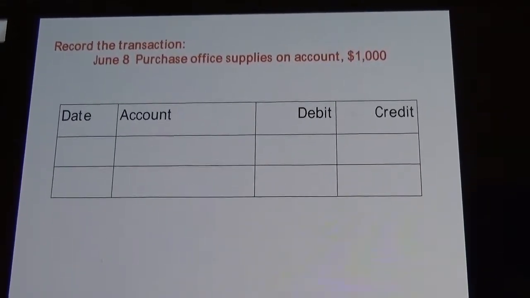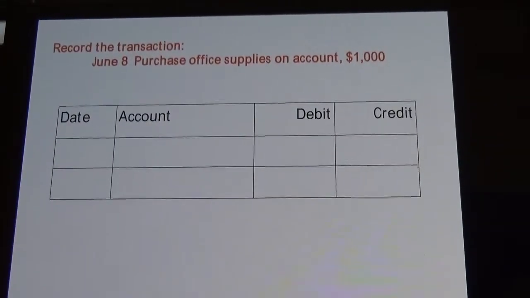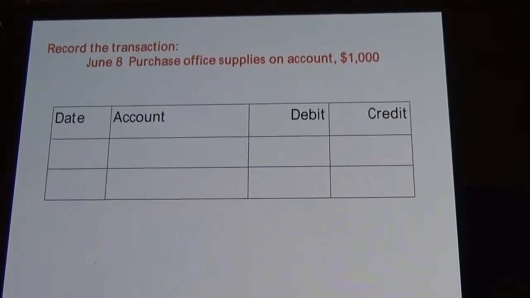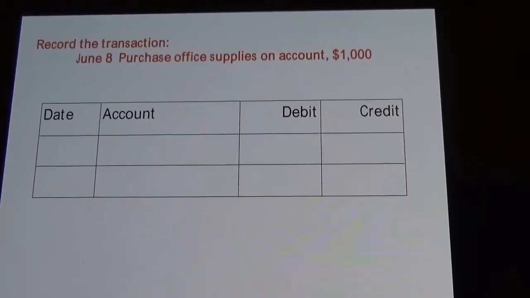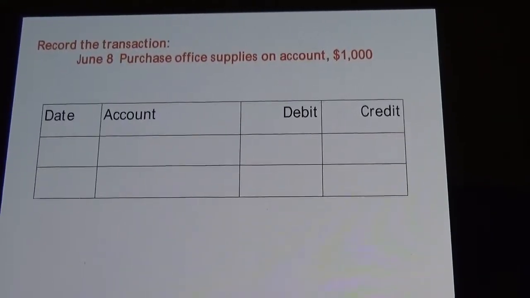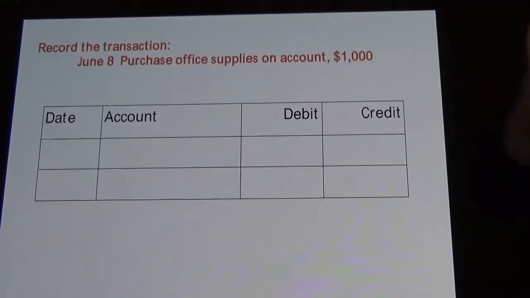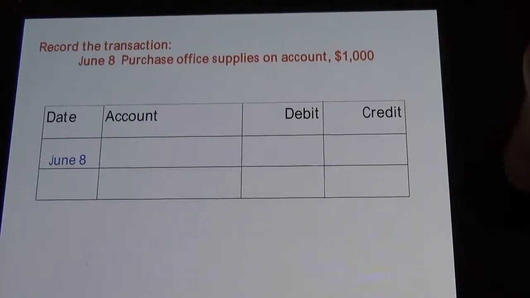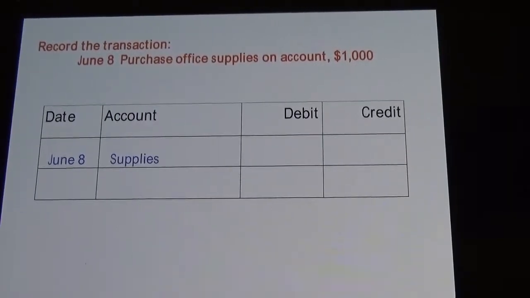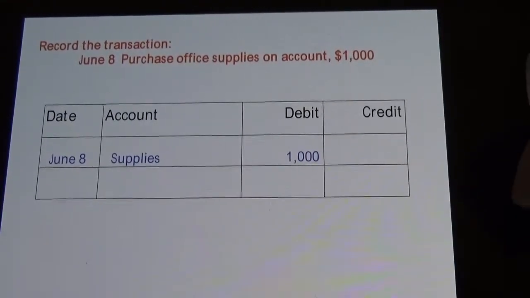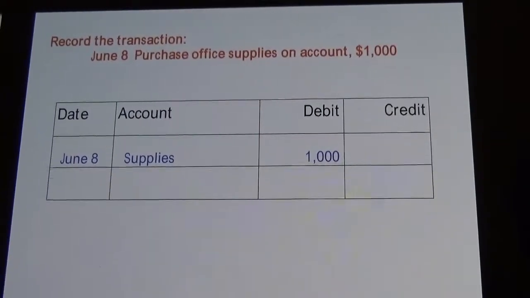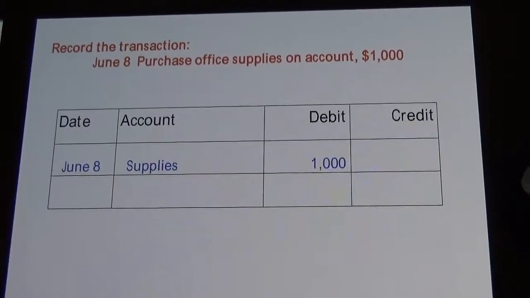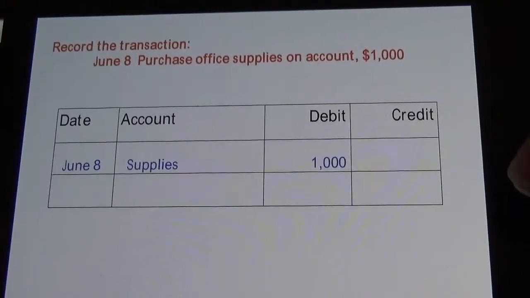Okay, another example. Here we're going to purchase office supplies on account for $1,000. Office supplies is an asset account. We increase assets with debits, and therefore we're going to debit the office supplies account. On account means that we didn't have to pay for it yet, so now we owe some money to the supplier of these office supplies. We call that accounts payable.